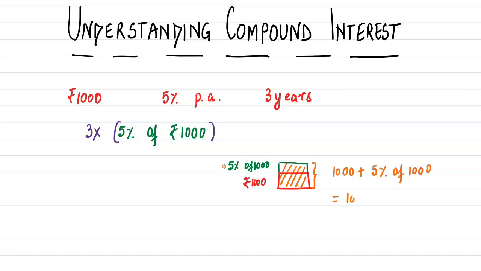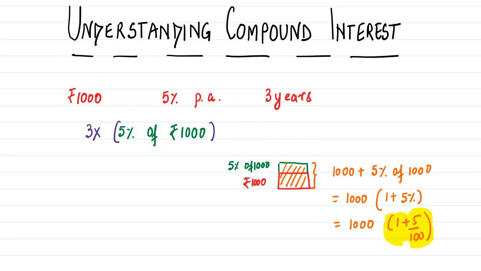That means it is equal to 1000 times 1 plus 5%, which can be written as 1000 times 1 plus 5 by 100. So can we say that in the first year our money has increased by a factor of 1 plus 5 by 100?